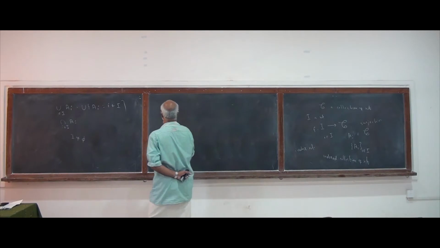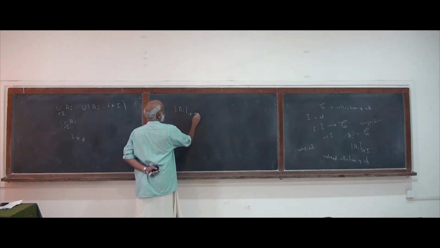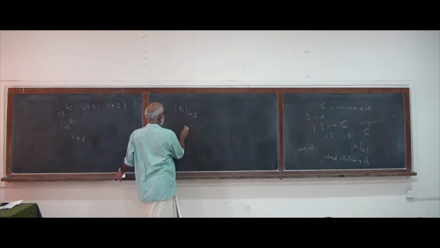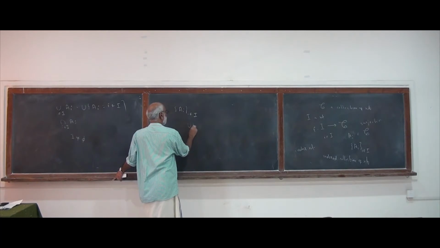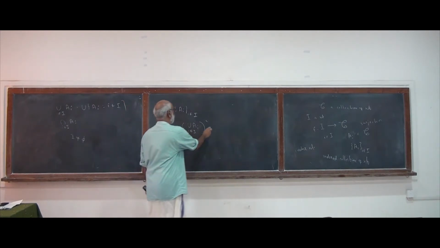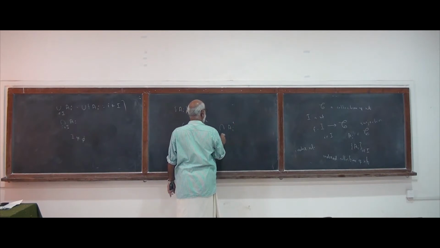Suppose A_i, i an element of I, is an arbitrary collection of sets. Then you take the union and take the complement of that. This will be nothing but the intersection of the A_i complements.